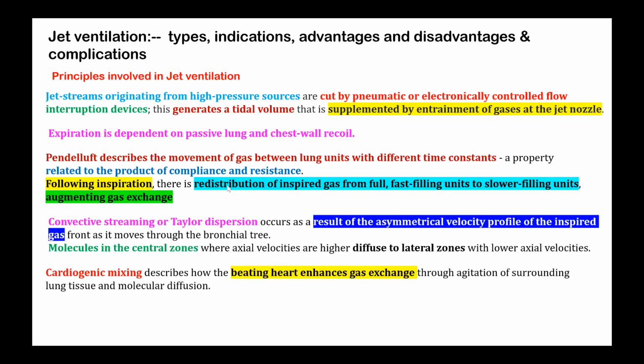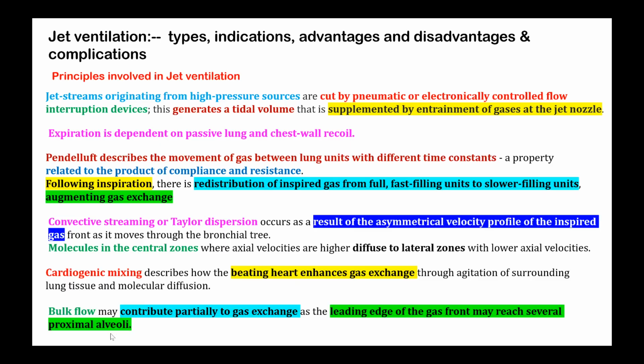So these are all the mechanisms by which a simple gas which is pumped into the trachea, either through a bronchoscope or directly, is able to go down up to the alveoli and ventilate the patient. Bulk flow is another one. So four mechanisms you have to remember.